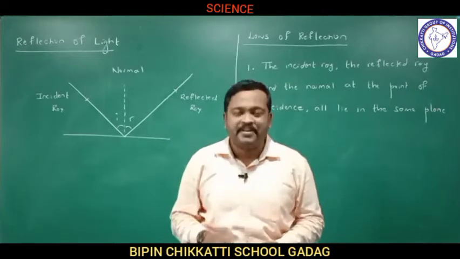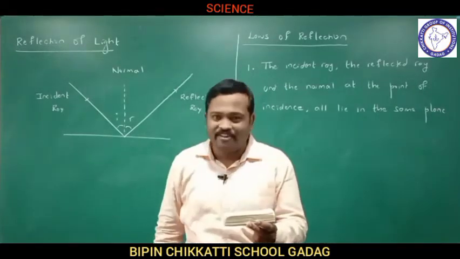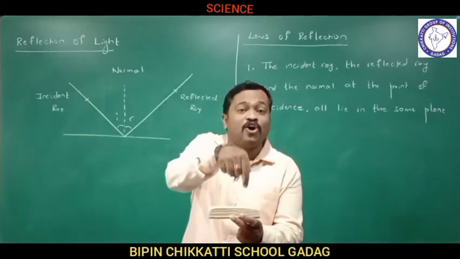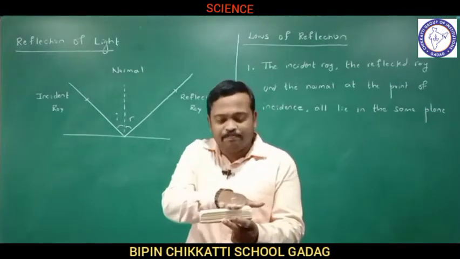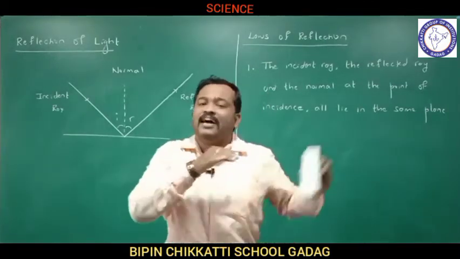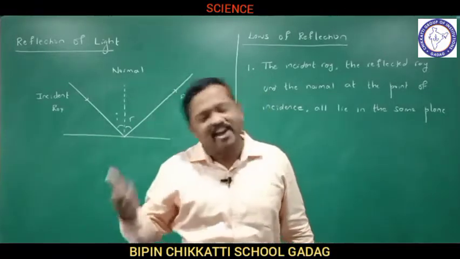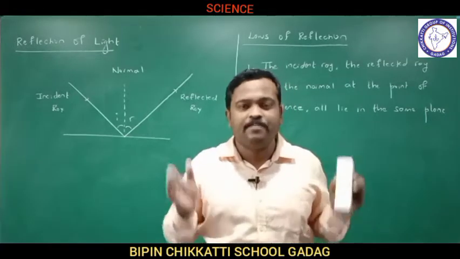For example, let me consider this duster as a plane. If the incident ray is on the duster, the reflected ray is also on the duster, and the normal is also on the duster. So in this plane itself, all three lie. Always the incident ray, reflected ray, and the normal at the point of incidence all lie in the same plane.